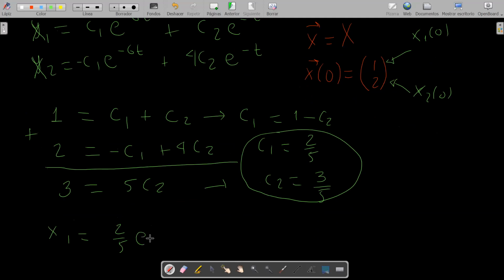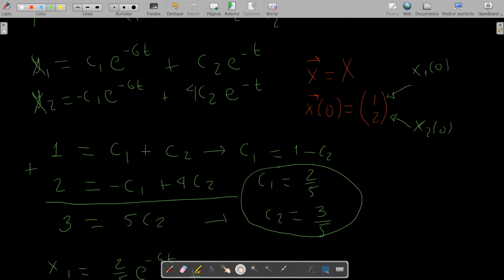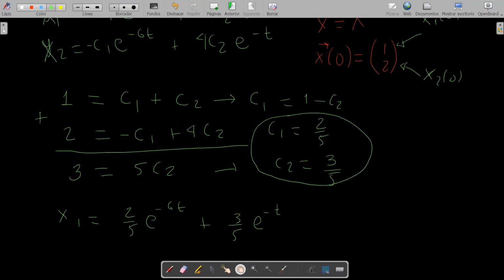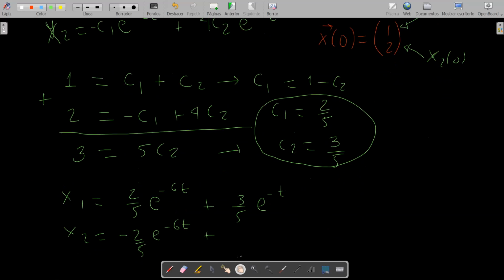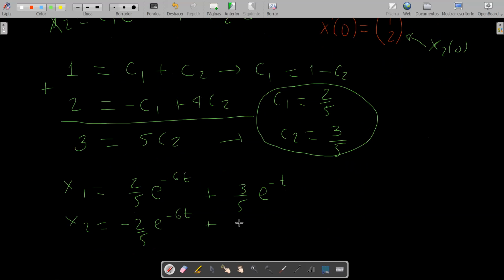Then our particular solution for this system of equations will be X1 equals 2 over 5 times e to the negative 6t plus C2, which is 3 over 5 times e to the negative t, I think, yeah. And X2 will be once again negative 2 over 5 e to the negative 6t plus 4 times C2, which is 3 over 5, and that will be 12 over 5 e to the negative t.